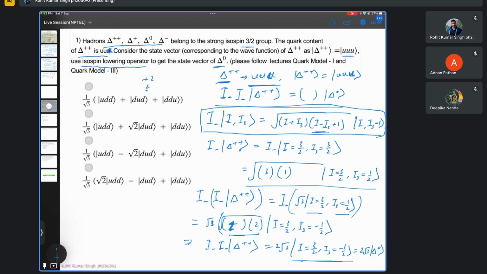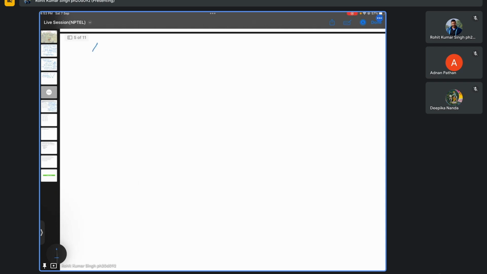Okay, this is what we have. Now let's apply the lowering operator on the quarks. Delta plus plus has this quark state.